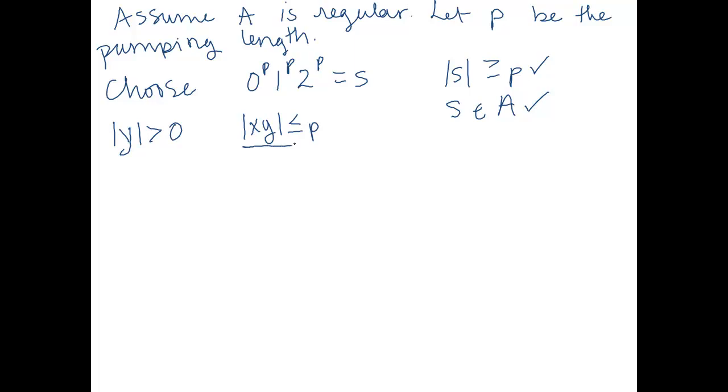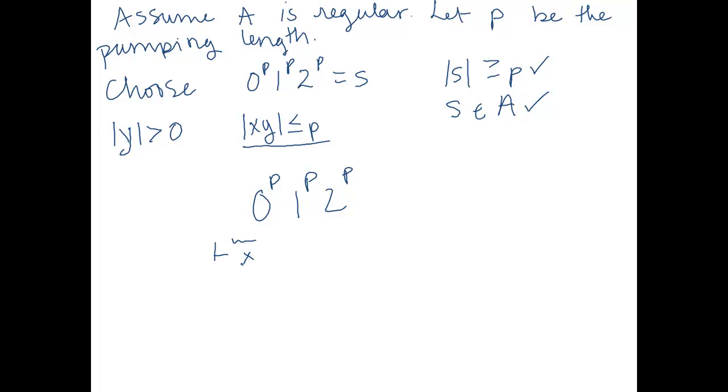This restriction in this case is actually very restrictive. Okay, so we have 0^P 1^P 2^P. And somehow we need to get chunks that are X, Y, and Z. Well, the total length of the first two parts can't be any bigger than P. So if I start from the left here and I start working right to assign X and Y, so some part here is X, where can Y be?